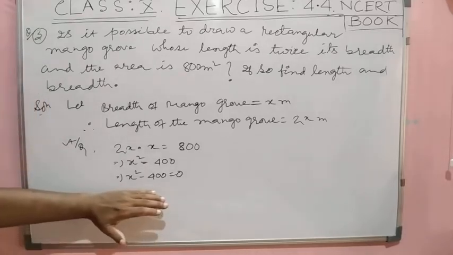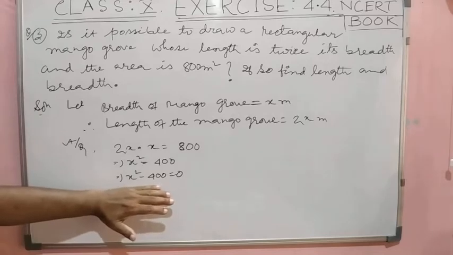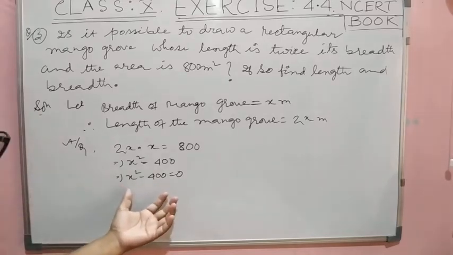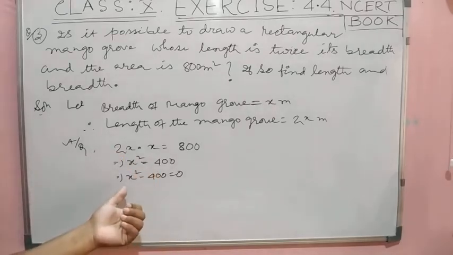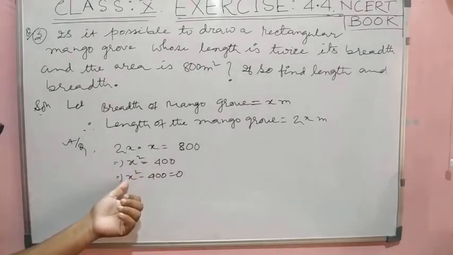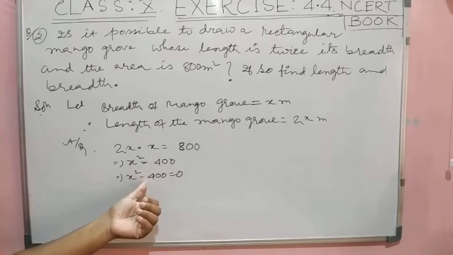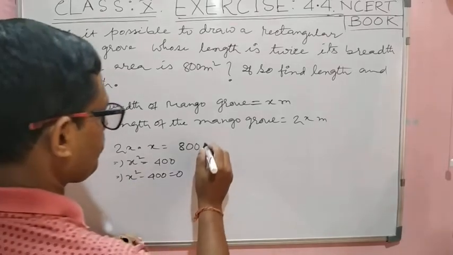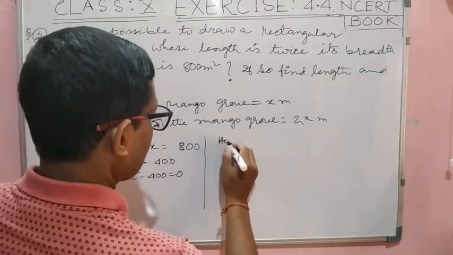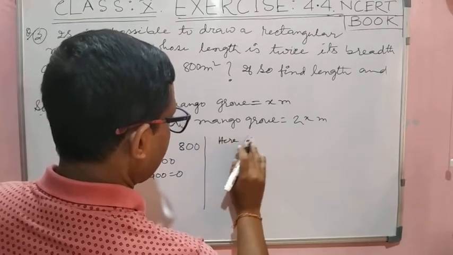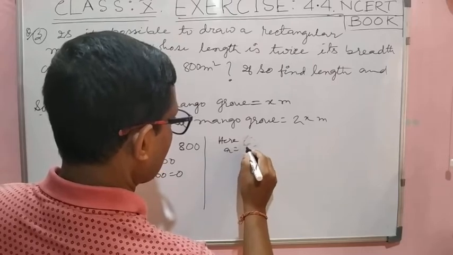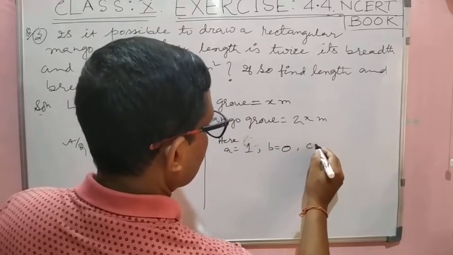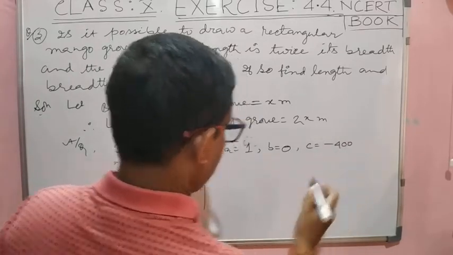So now for this equation we have to find out whether it has real roots or not. So here a equals 1, b equals 0, c equals minus 400.